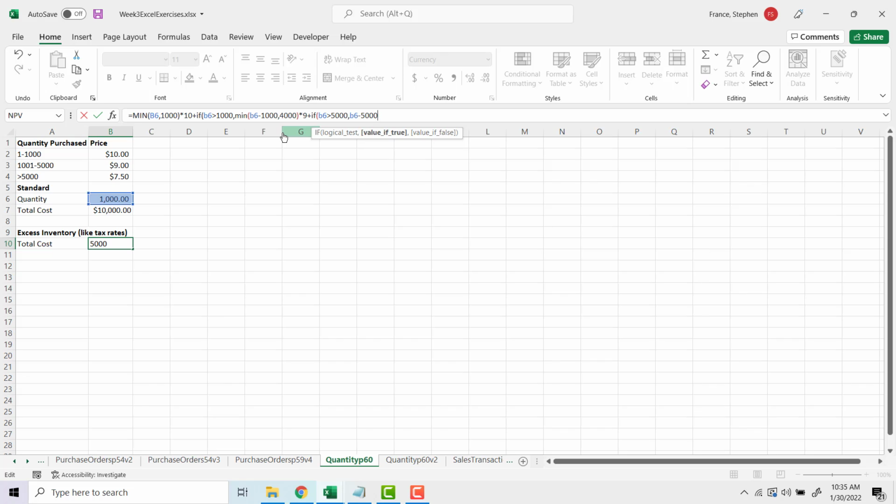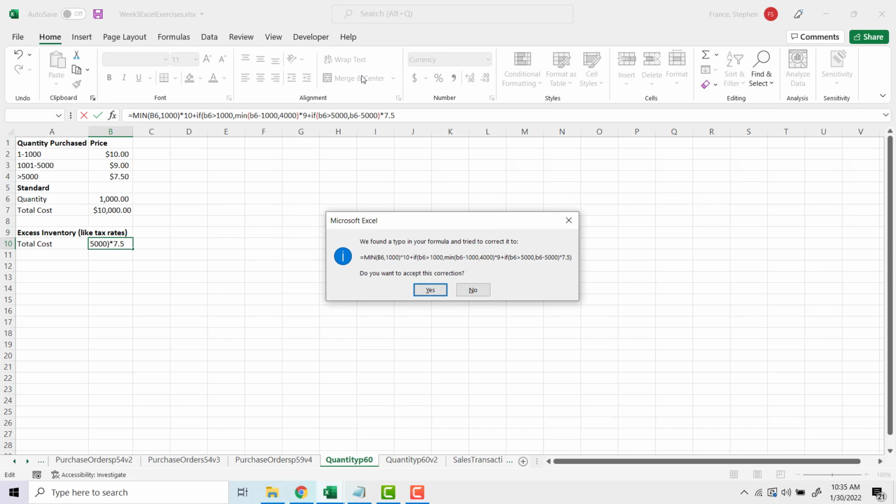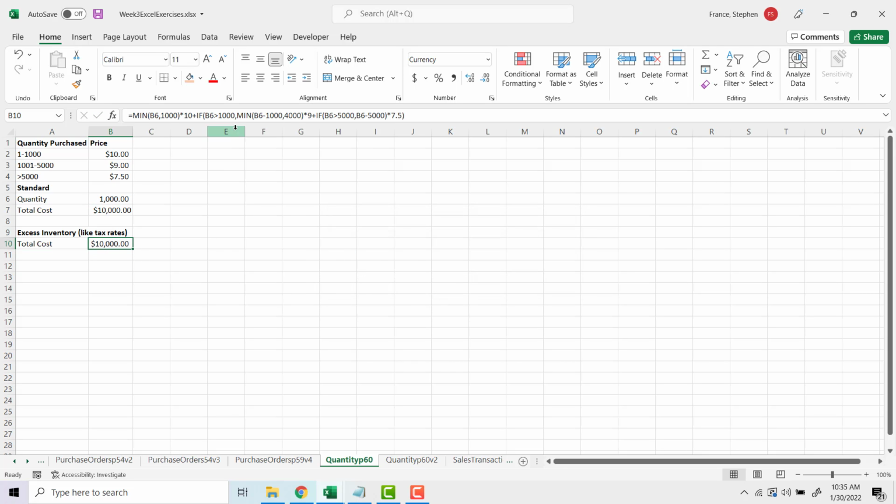We don't have to have another conditional on the if, or any sort of minimum. Then we can just do times 7.5. I made a minor error there, I don't know what it was. But anyway, that's the formula.